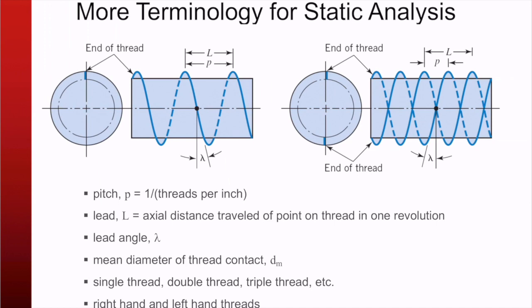All right, so some more terminology as we prepare for our static analysis of these things. Basically, a thread is an inclined plane wrapped around some sort of a cylinder, right? So pitch, we already talked about: 1 over threads per inch.